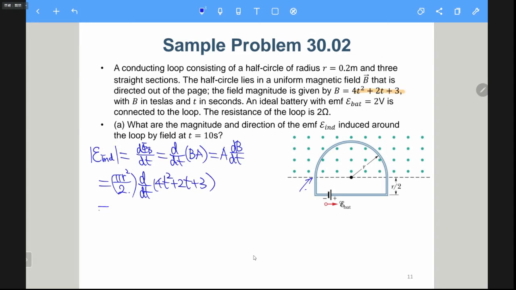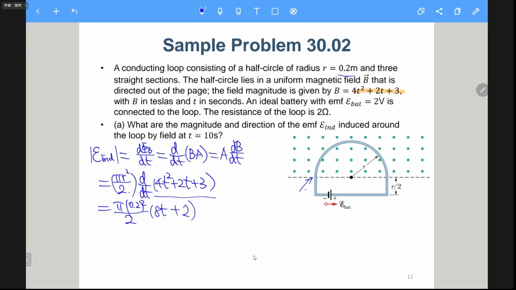So we have pi, r is 0.2 meter, so 0.2 squared and then over 2. The derivative of this polynomial is simple. For 4t squared, the derivative is 8t. And for 2t, the derivative is 2. And 3 is a constant, so the derivative is 0.